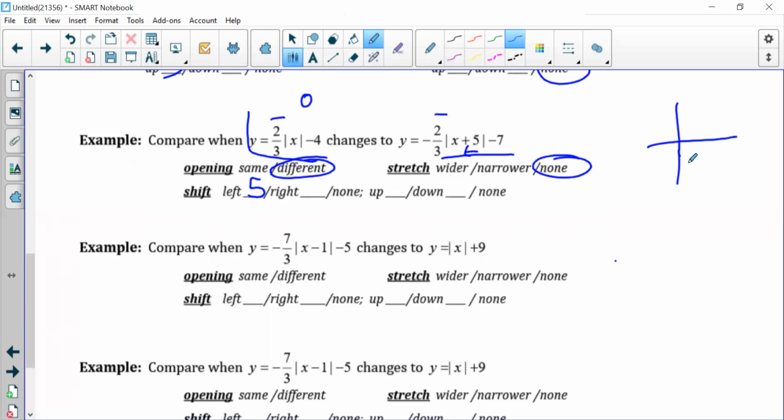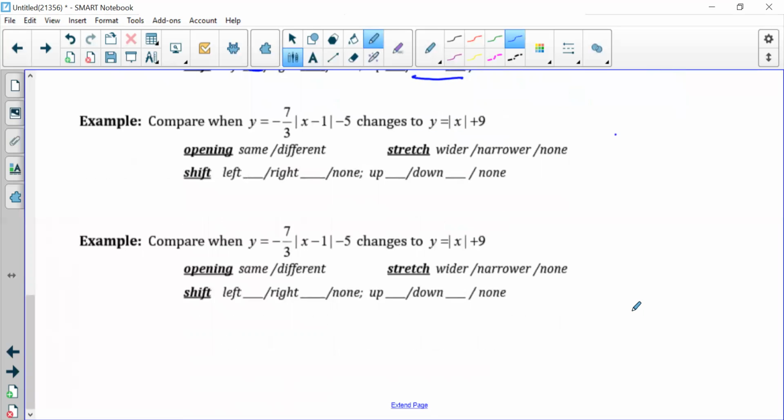I started out at -4, and then I moved down to -7. So how far did I move? Well, I moved down, and how far? I moved 3. So I moved down 3. All right, let's do our last one here, and then we'll be done.